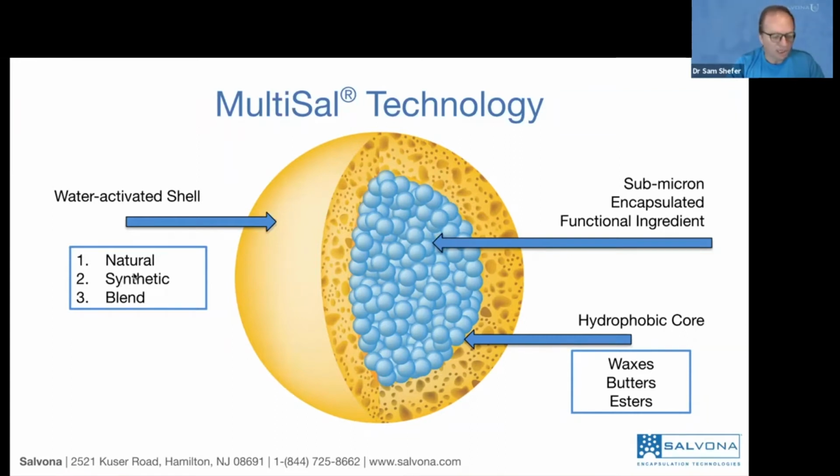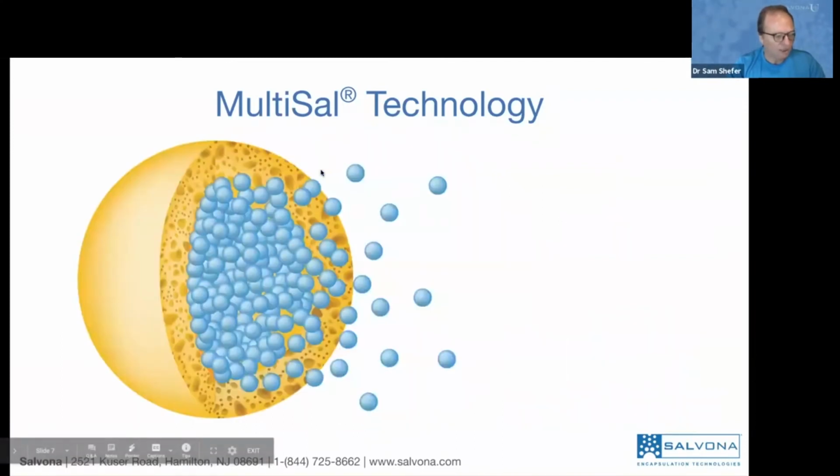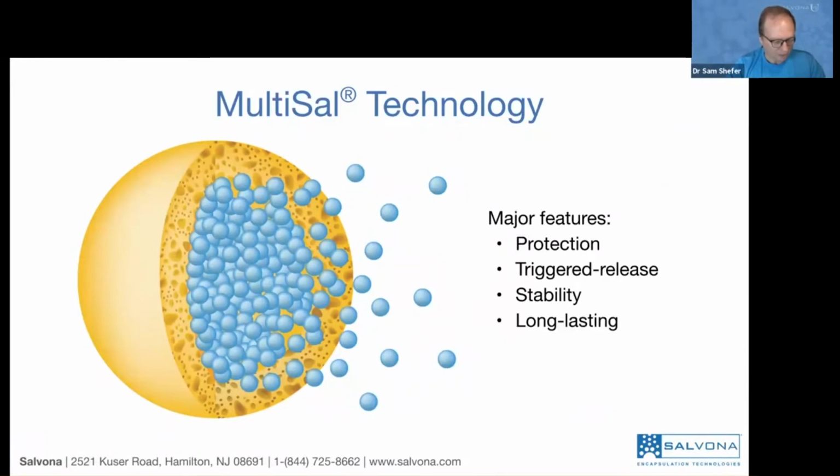So it could be natural or natural modified, and then modified in different ways. And it could be synthetic. We could do all of this, and this is, again, our patented technology. We are the only ones with this product, and this is our MultiSal structure.